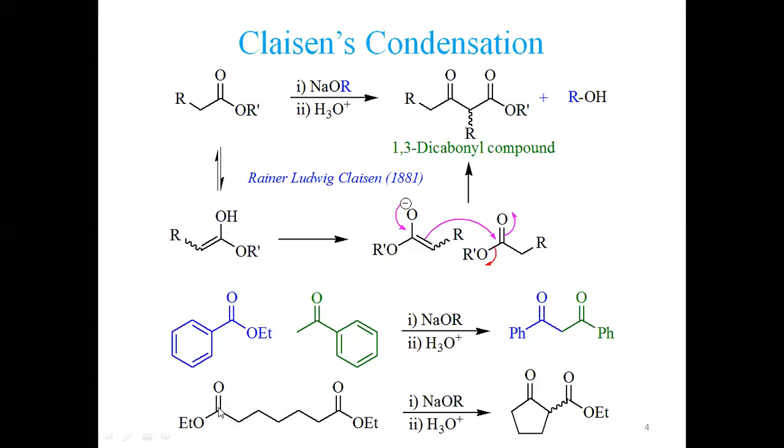I think I have made one carbon extra here. There should be one carbon less, because this carbon is making a bond with this carbonyl carbon. So in fact a six-membered ring should be formed here.